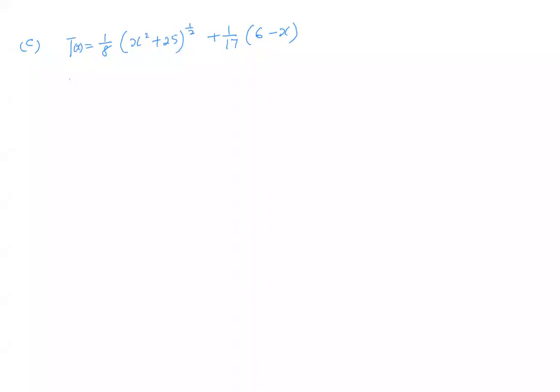When we differentiate this, multiply by the power, copy down the whole thing, power take away 1, times by the derivative of this, which is 2x, plus 1 over 17, 6 you get 0, negative x you get negative 1. Now we simplify this.